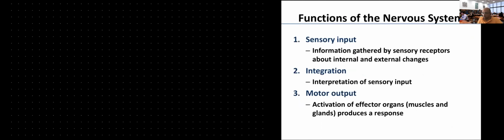So today we are starting our discussion of the nervous system. If you remember, when we discussed the organ systems, we mentioned that the two control centers that we have in the body are the nervous system and the endocrine system.